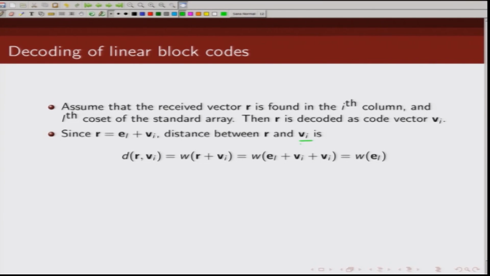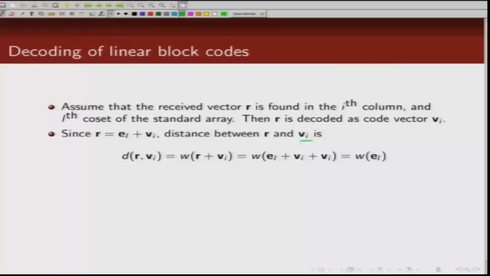So, if we add R and V and then count the number of ones, that gives us the Hamming distance between R and V. So, the Hamming distance between R and Vi is nothing but the Hamming weight of the vector R plus Vi. And what is R? It is El plus Vi, and adding Vi again, this is nothing but the weight of the error vector.